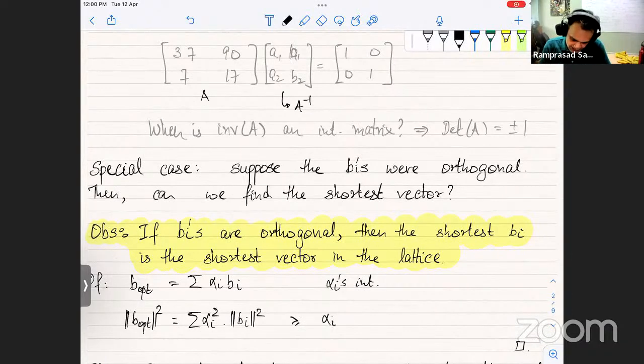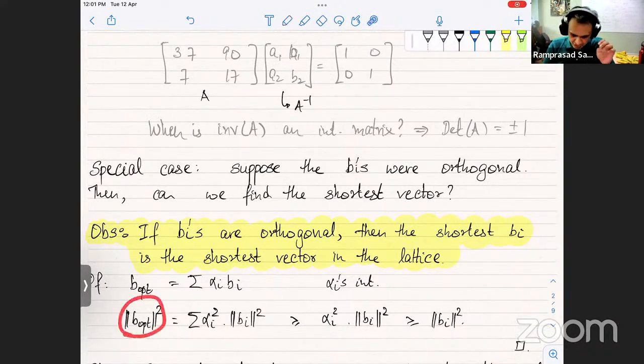So this is at least as large as alpha i squared mod of b_i squared. Okay, and here is where I'm going to use the fact that alpha i's were integers to say that this is at least as large as mod b_i squared. Okay, so we've used both. We've used the fact that not all alpha i's are equal to 0, and also the fact that alpha i's are integers to say that whatever is your optimal, it's at least as large as one of my basis vectors.